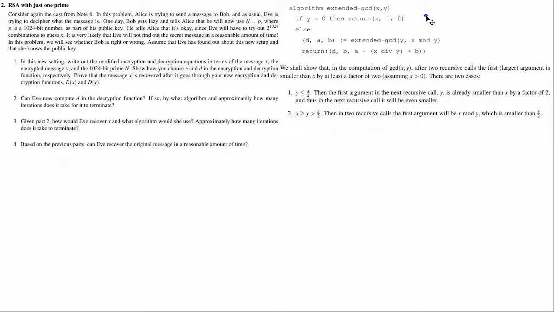Part 2 of problem 2, we're trying to compute d, and recall that d is e inverse mod p minus 1. So which algorithm is best at systematically calculating inverses? Well, it's the extended GCD or EGCD. And the reason why is you pass in e and n, and it gives you a and b such that ax plus by equals d.